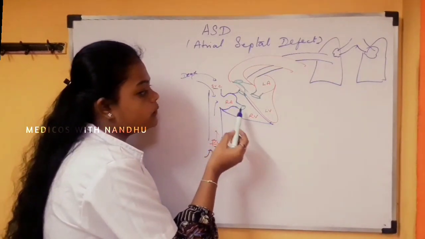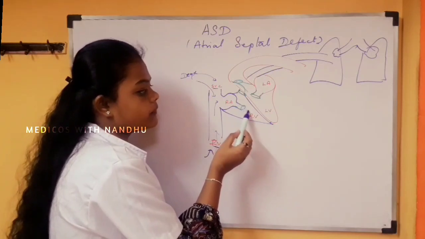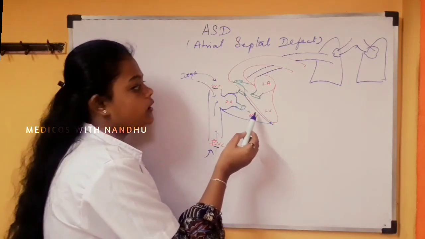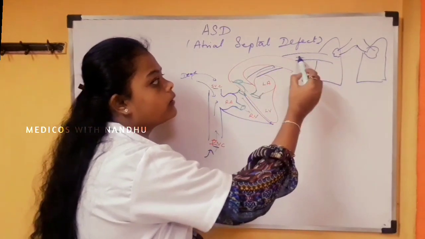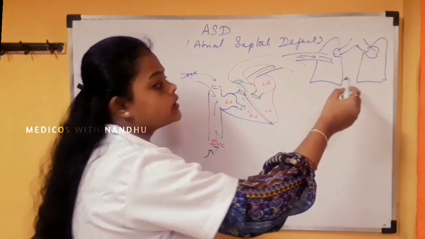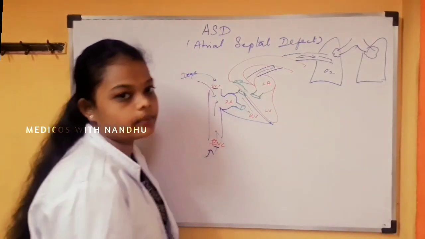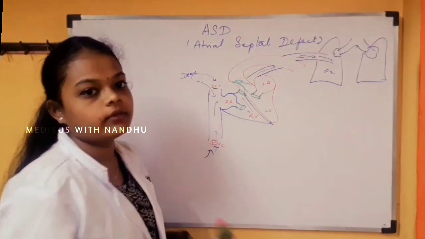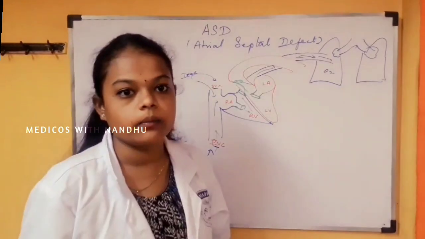From the right atrium, through the tricuspid valve, it reaches the right ventricle, and from the right ventricle, through the pulmonary valve, it reaches the pulmonary artery and the lungs. In the lungs the oxygenation takes place. The carbon dioxide is released out, and the oxygen is taken by the body.